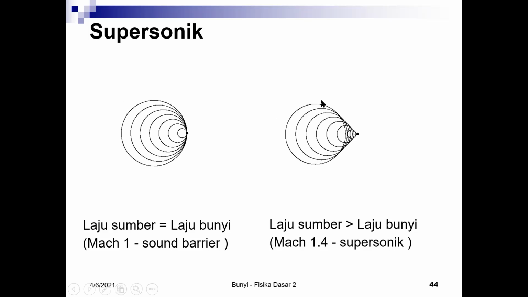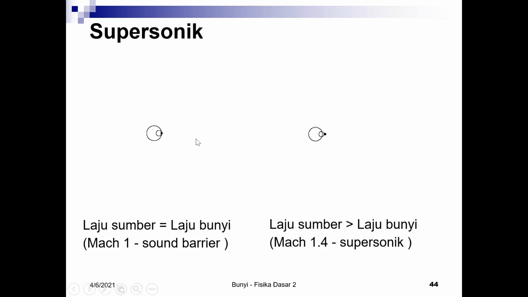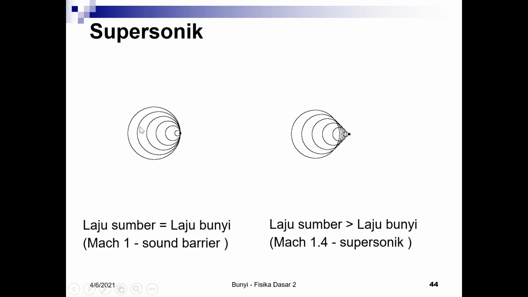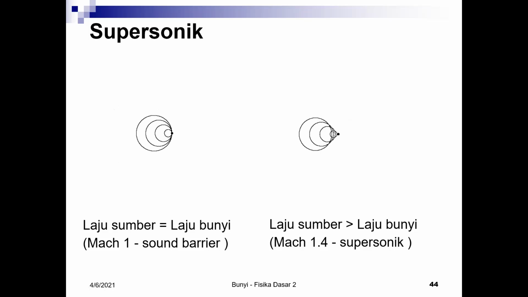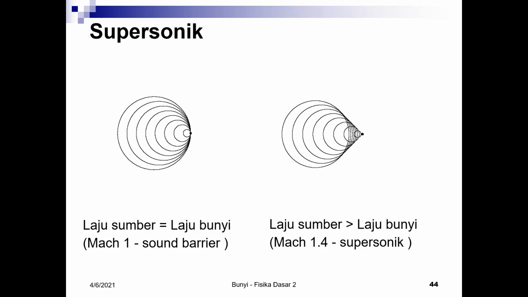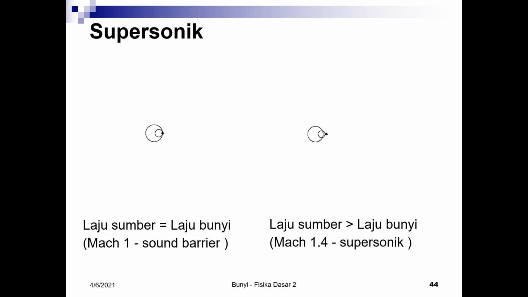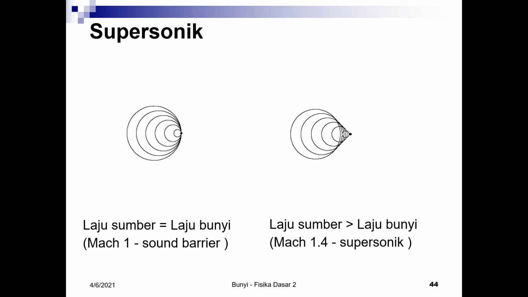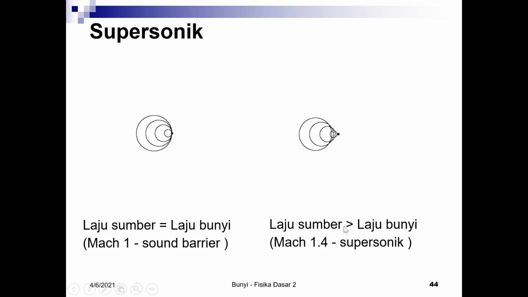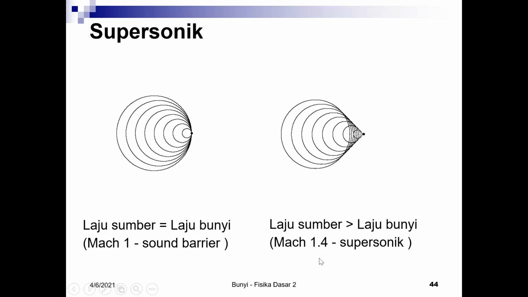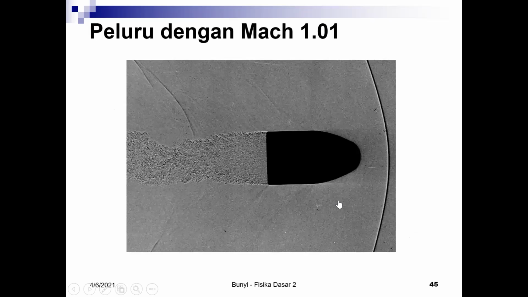Ini contohnya, membentuk sound barrier ketika kelajuannya sama dengan kelajuan suara di udara. Kalau yang lebih dari 1, misalnya 1,4, namanya supersonik Mach 1,4. Ini contoh gambar peluru yang difoto.